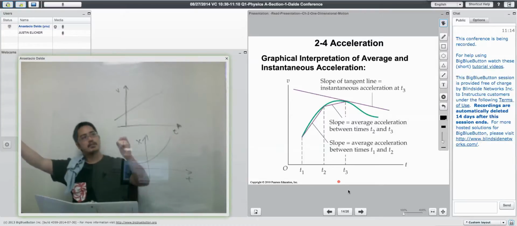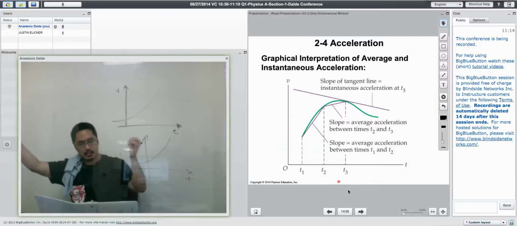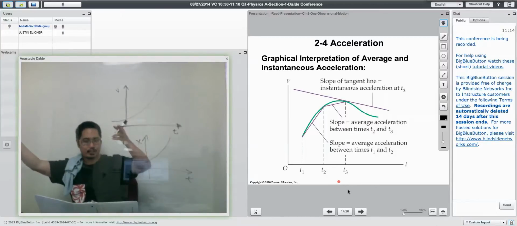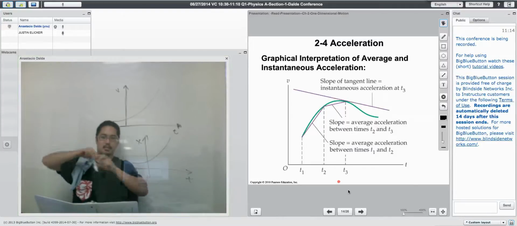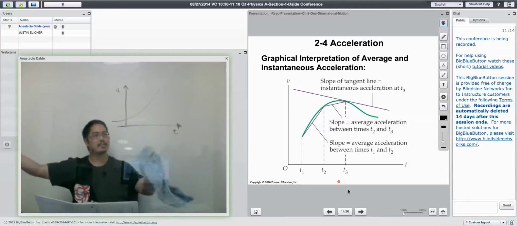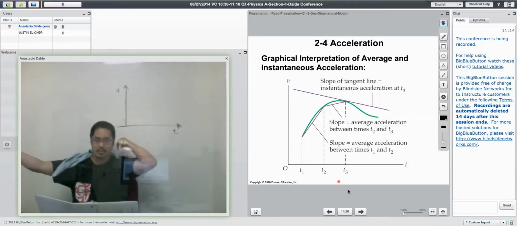To be honest with you, the reason why I won't teach you a velocity time graph that looks like that is because it would require a solid background in calculus. You haven't learned calculus yet, so I can't really teach you this yet. Okay. So that's why you'll never see it.